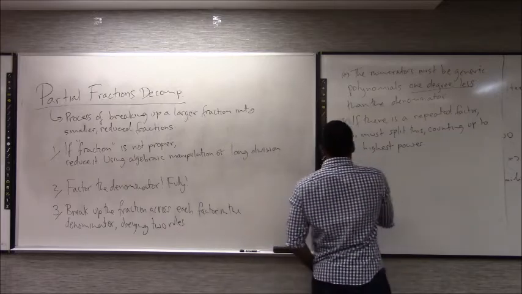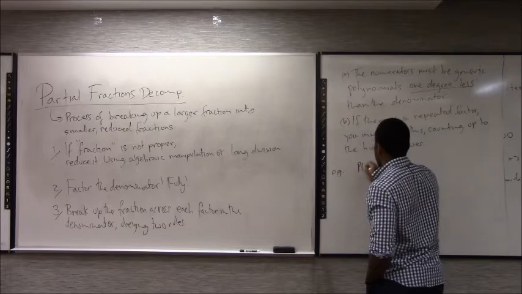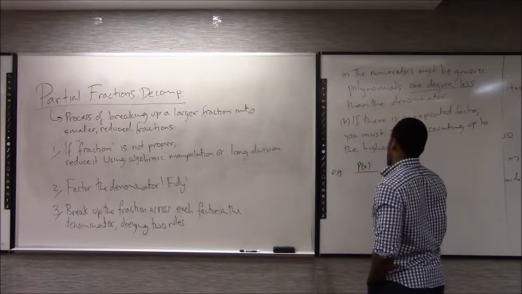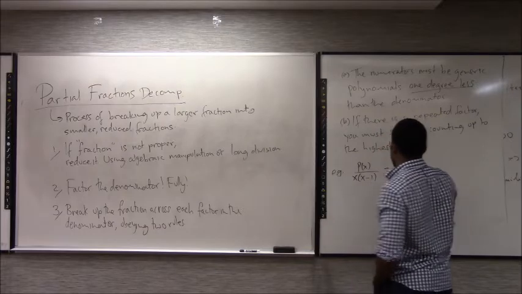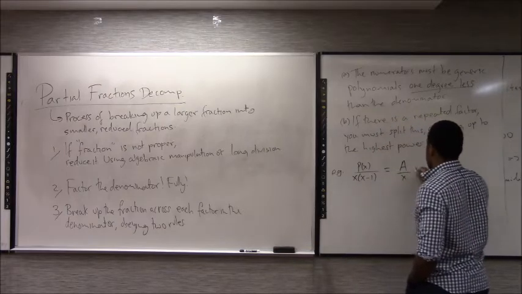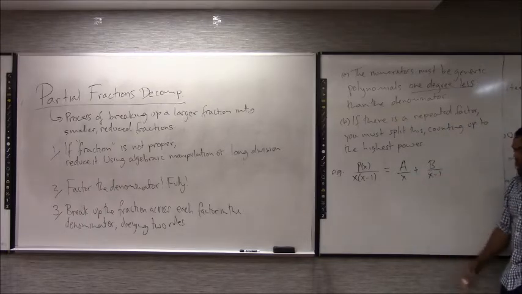So we did a few examples. If you had something like some polynomial of a lower degree over something like x times x minus 1, you'd split that into a over x plus b over x minus 1, because the denominators have power 1, so you need the numerators to have power 0.